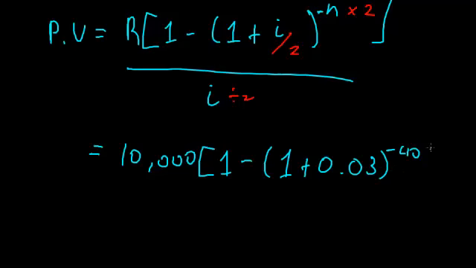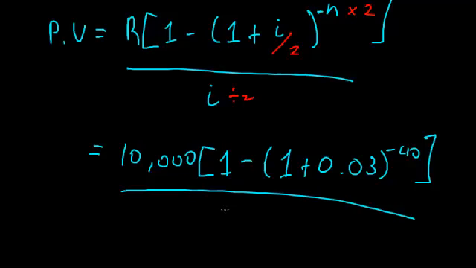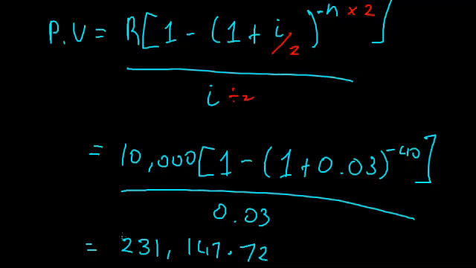So to the power of negative 40, all over 0.03. And this is equal to $231,147.72.